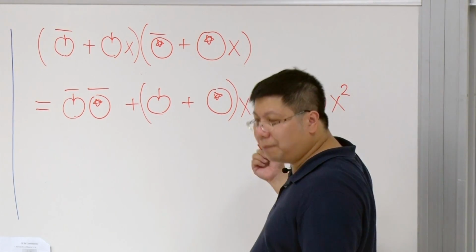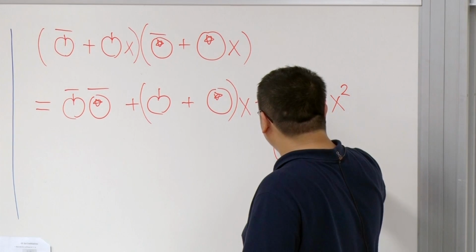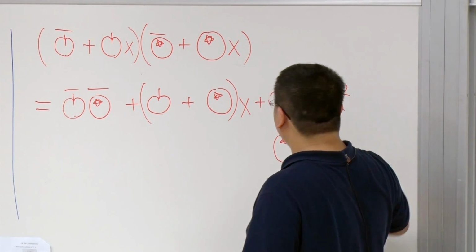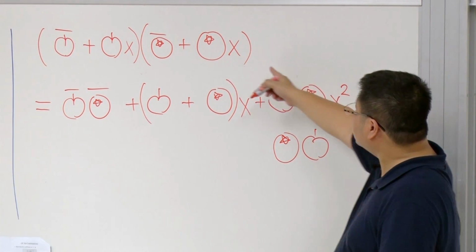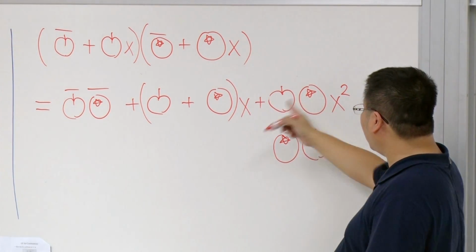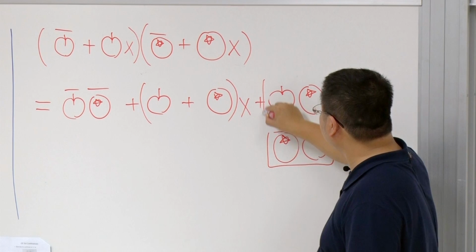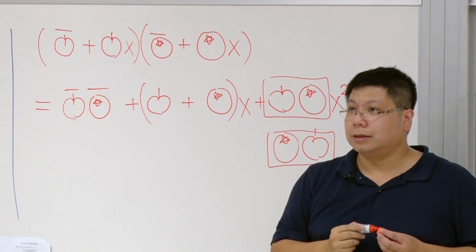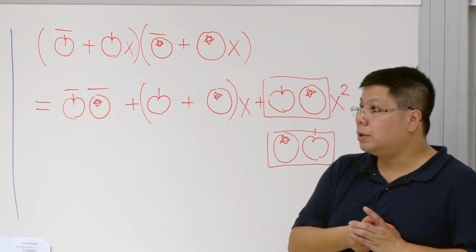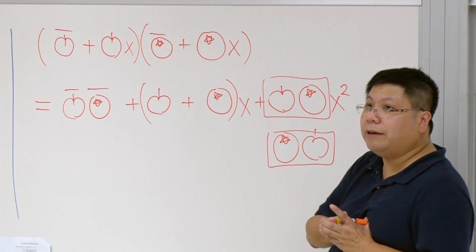So counting combination is okay, but counting permutation is not okay. Just using this formula, after doing expansion, we will not be able to handle this one and this one together. Okay. So instead, we are going to invent something.